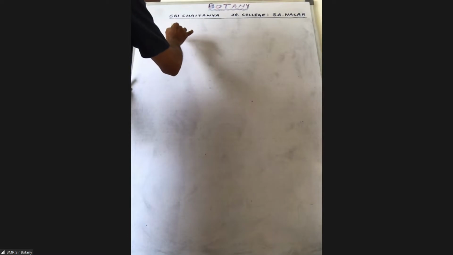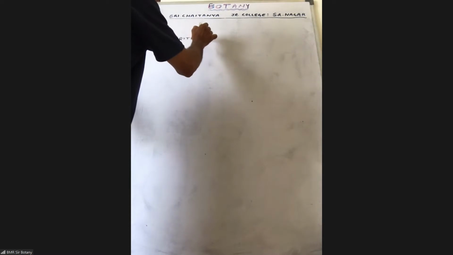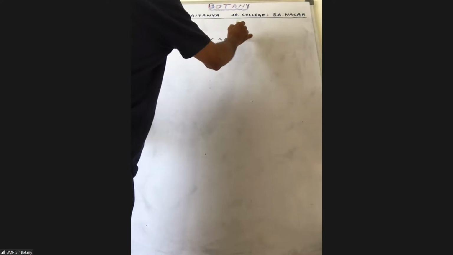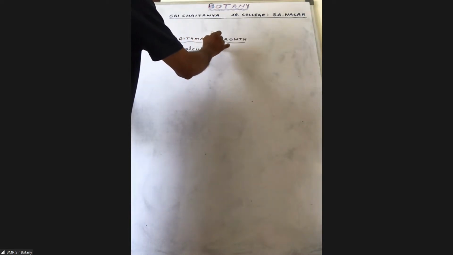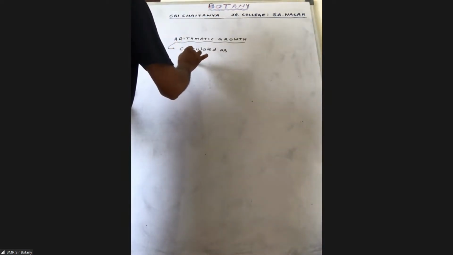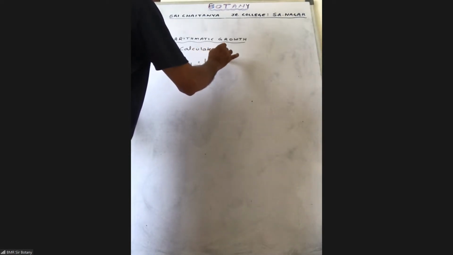First, arithmetic growth is calculated as LT is equal to L naught plus RT.